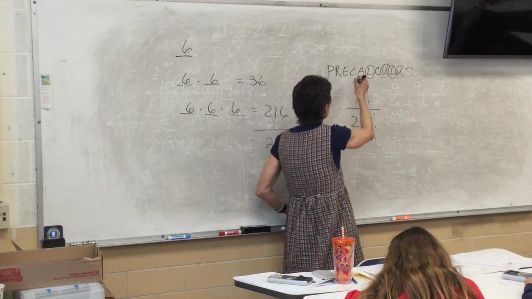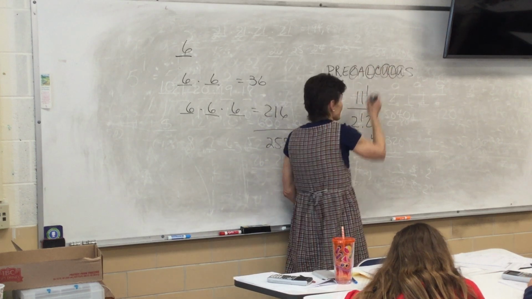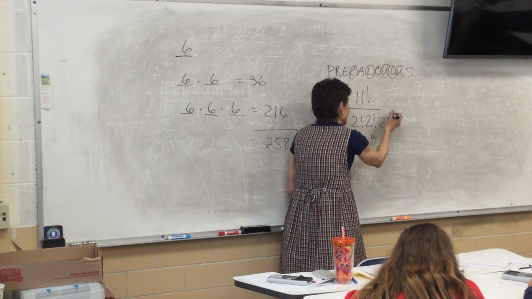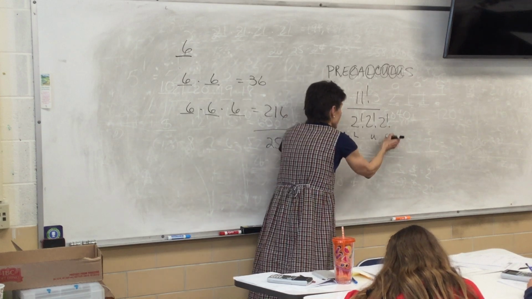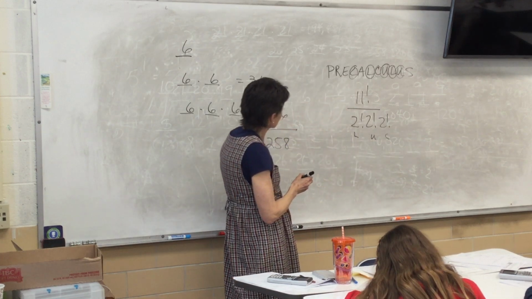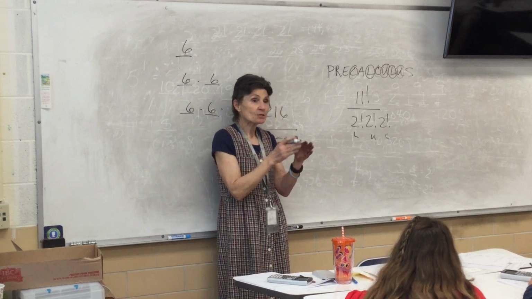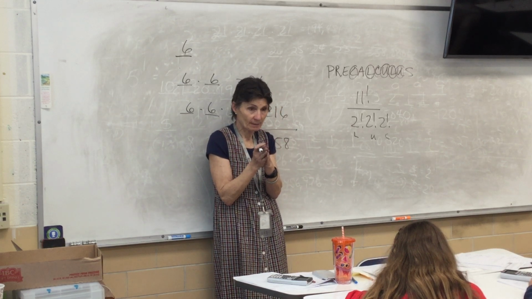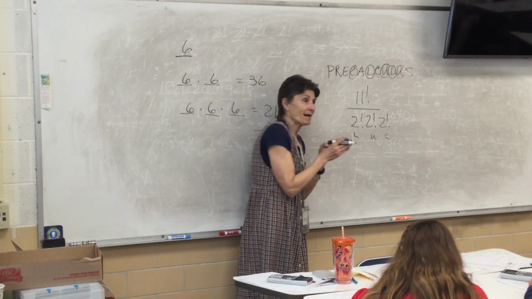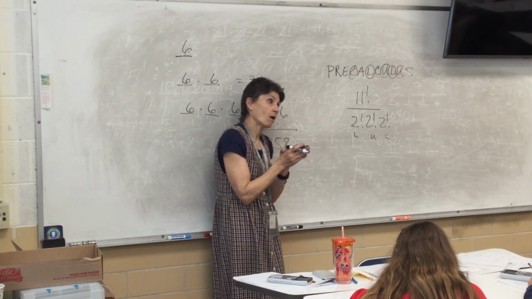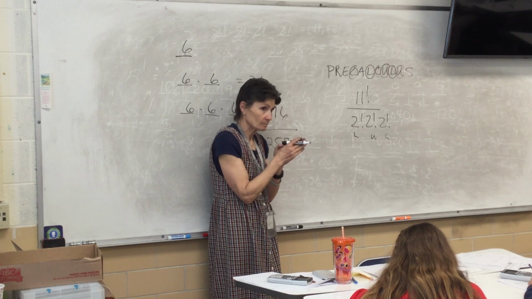There are 2 C's, so I'm going to divide by another 2 factorial. Is there anything else? There's the answer. So each letter that's repeated, you divide by however many of them there are, factorial.